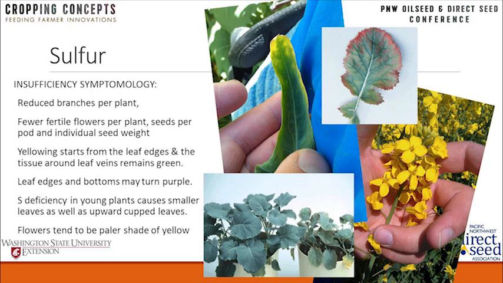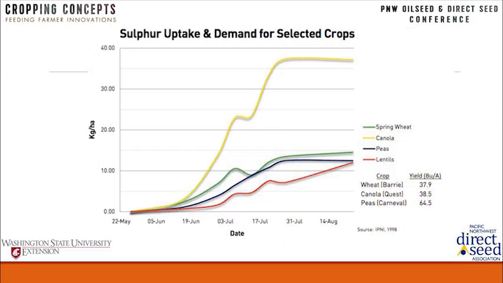The other piece too is that sulfur demand, if you look at sulfur demand versus your other crops, this is crazy. I mean, look at the sulfur demand curve for canola versus the other crops that we're growing. Okay. The other part of this is look at when it's all happening, as we're getting into the bulk of that biomass that's coming on.